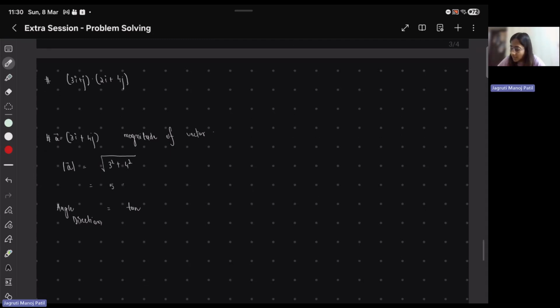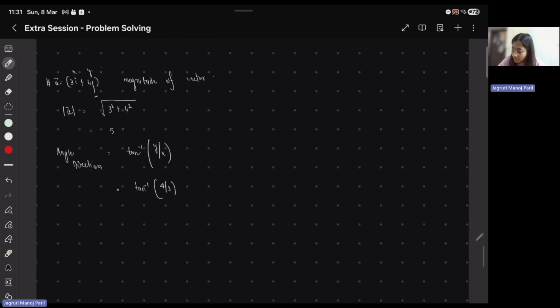When you compute the angle of a vector, it is tan inverse of the y quantity by the x quantity. In this case, your y quantity is the one associated with j and this is the x quantity. So you have tan inverse of 4 by 3. Whatever this gives you, the answer will be in degrees, so you'll evaluate it in degrees and eventually convert it back, based on the ratios.